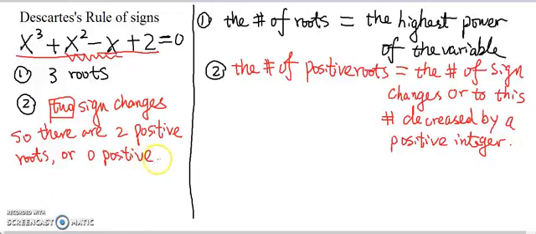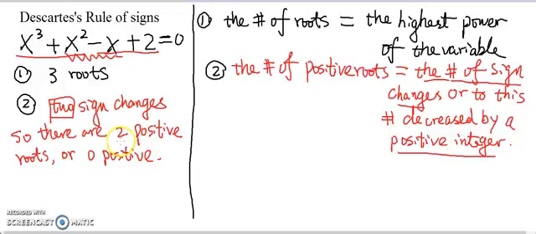How did I get number 0? By the rule, it says either the number of sign changes or this number decreased by a positive even integer. So we decrease 2 by a positive even integer. The first is 2, so 2 minus 2 gives me 0.